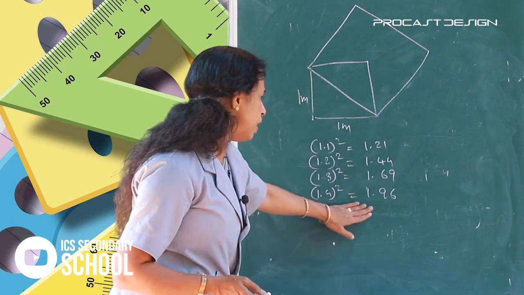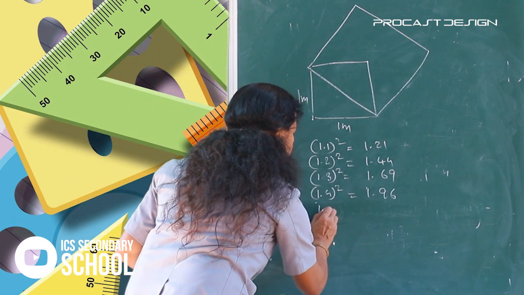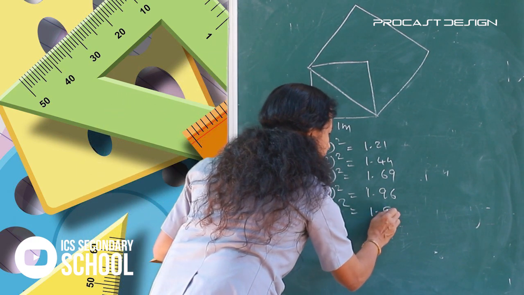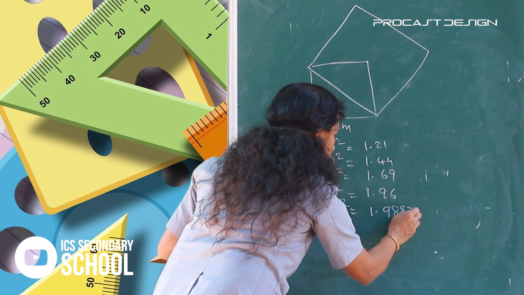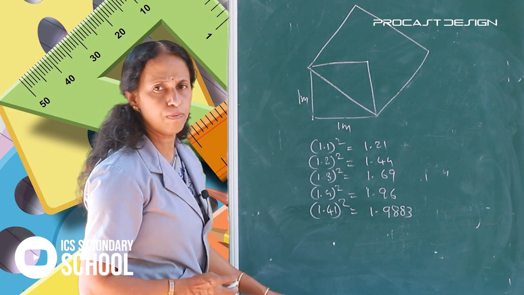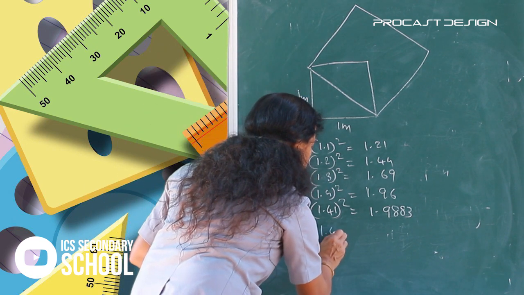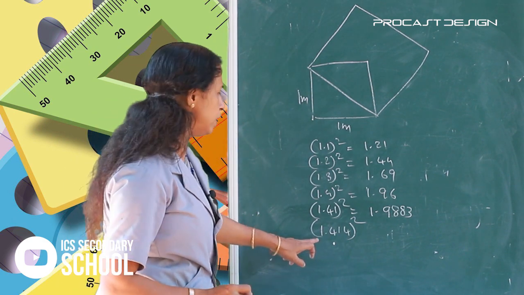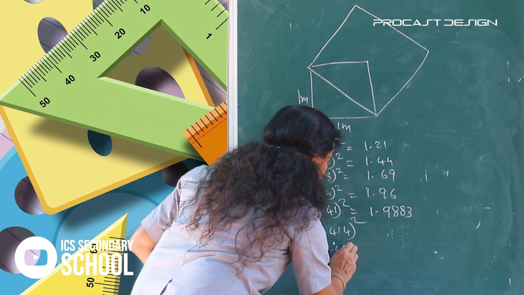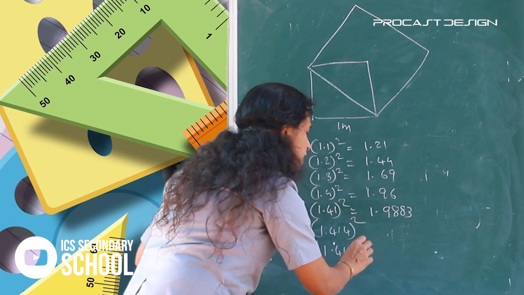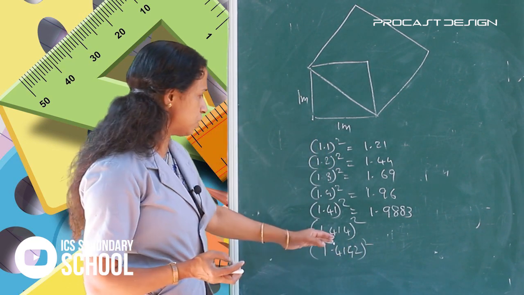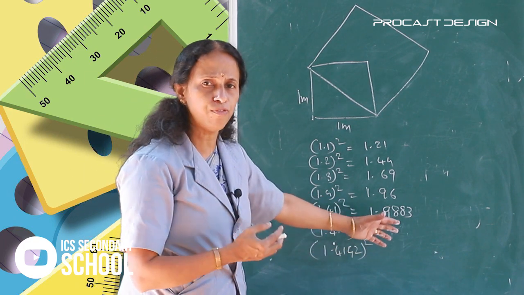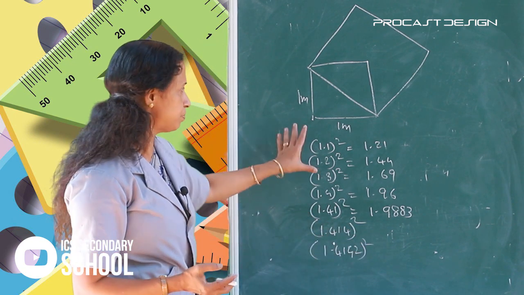So here 1.4 square, if you take 1.41 square is equal to 1.993. Similarly if you take the square of 1.4142, this is closer and closer to 2. You see this 1.4142 square, the square of this is very close to 2.